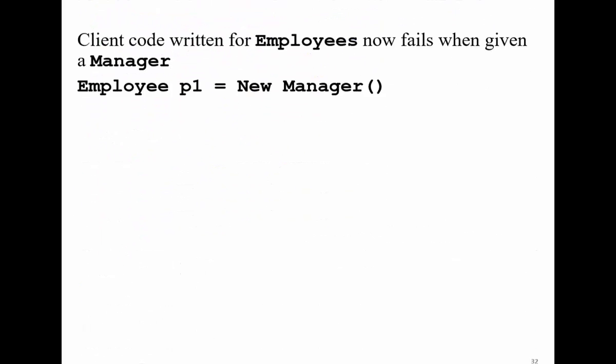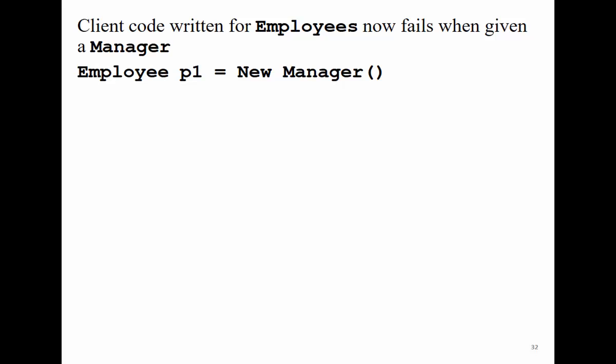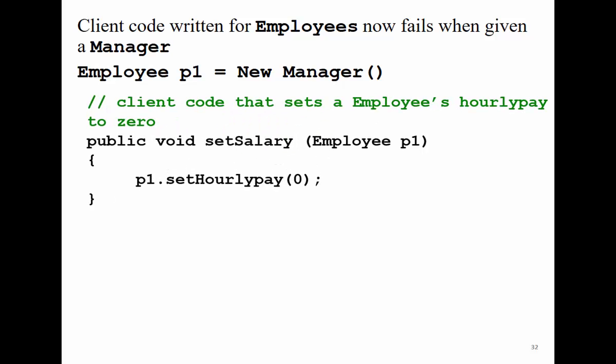Okay? So imagine on the client side, you have the employee. This code will fail actually. You create a declaration type P1 as an employee. You create an actual type of the object of a manager. Now imagine that you call this method.